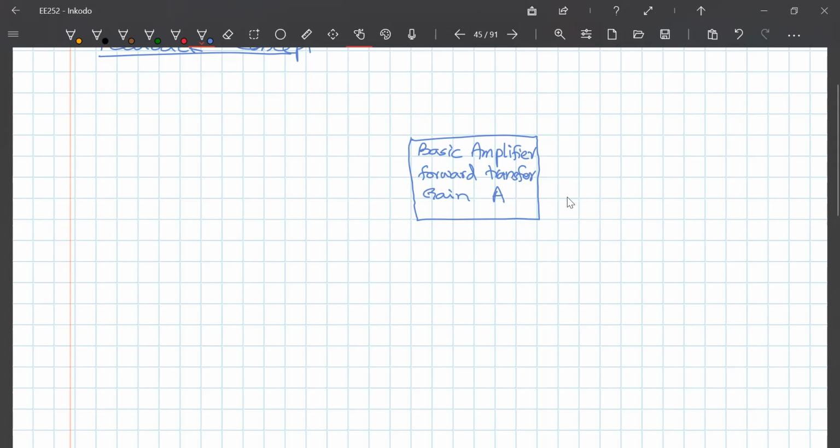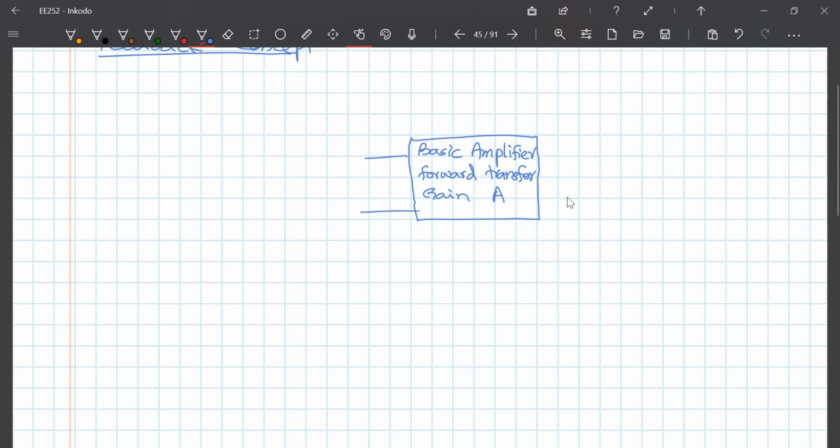Okay. So therefore, depending on the type of amplifier that you have inside this black box, you may have different values of transfer gains, right? The input may be a current, output can be a voltage, or input can be a current and output can be a current, or likewise. So depending on the type of amplifier, you may have different configuration inside, but it can be either a current or a voltage.